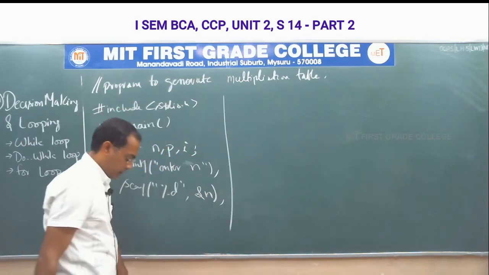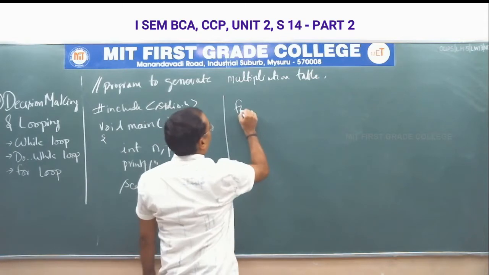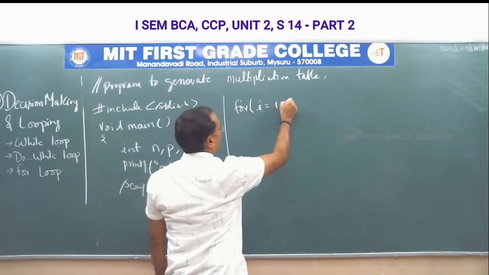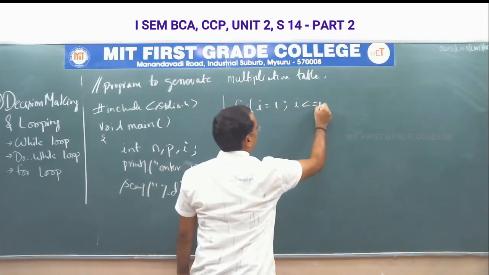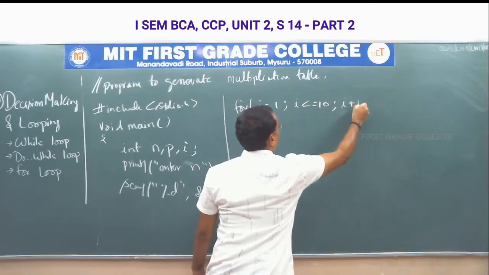I'll write it on this part of the board. for (i = 1; i <= 10; i++).